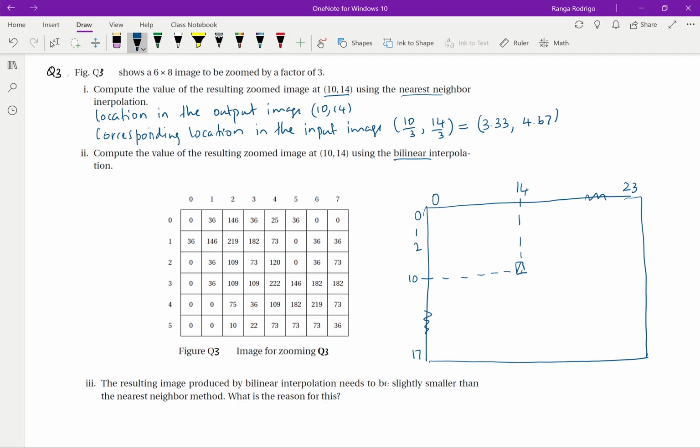Okay, so now for nearest neighbor interpolation, we have to locate this point in the input image. We have to locate 3.33. This is 3, and this one is 4, and it must be beyond that. If this center is 3, this is 4, this is 5, so 3.33 I would write somewhere here. Then 4.67 is toward 5.